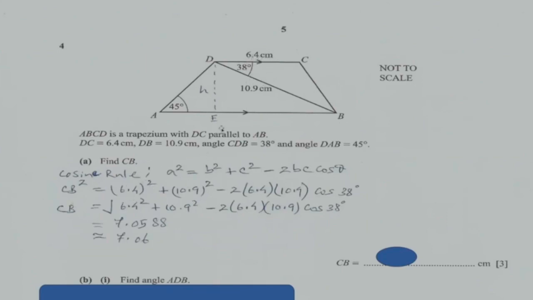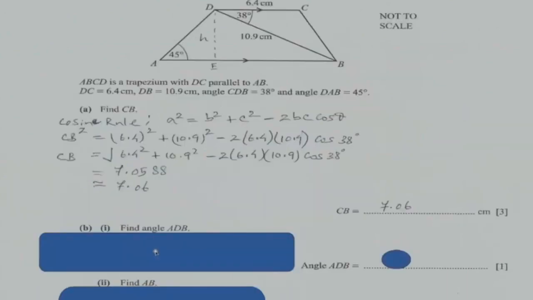CB squared equals 6.4 squared plus 10.9 squared minus 2 into 6.4 into 10.9 cos 38. You can use the calculator to calculate this value. So the answer is coming 7.0588. We can write approximately 7.06.